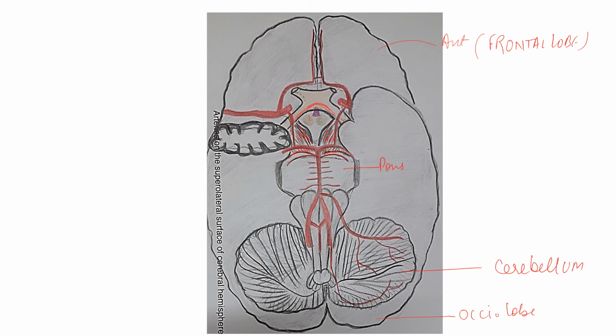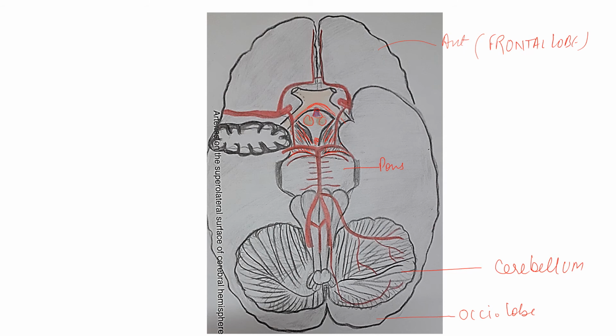You can see the mammillary body over here, and this is the tuber cinereum and the infundibulum, and this is the region of the posterior perforated substance. So that is the whole picture of the interpeduncular fossa.